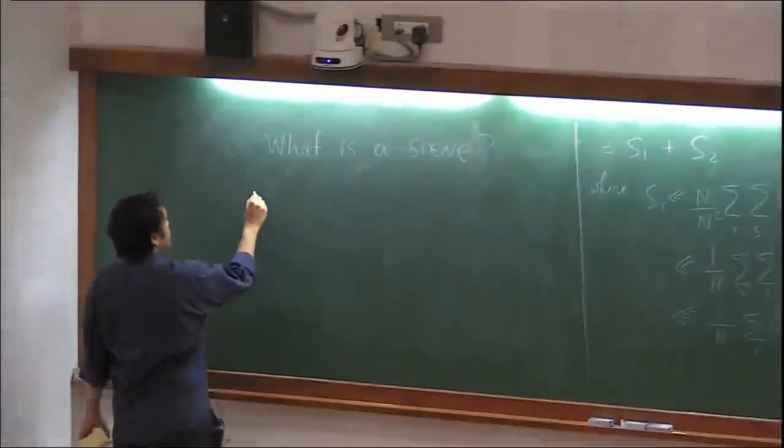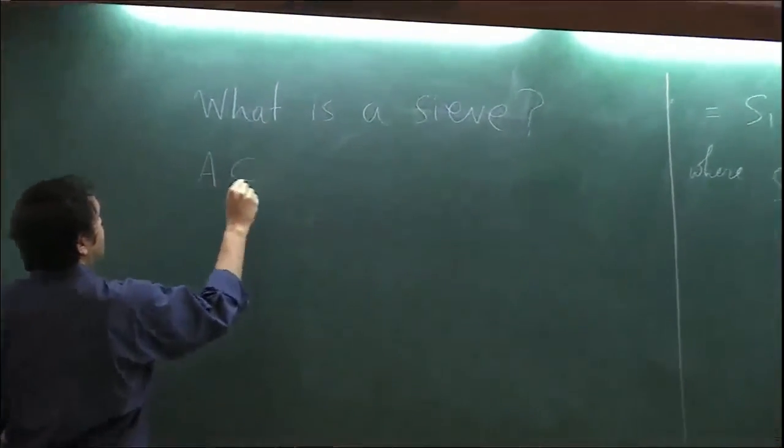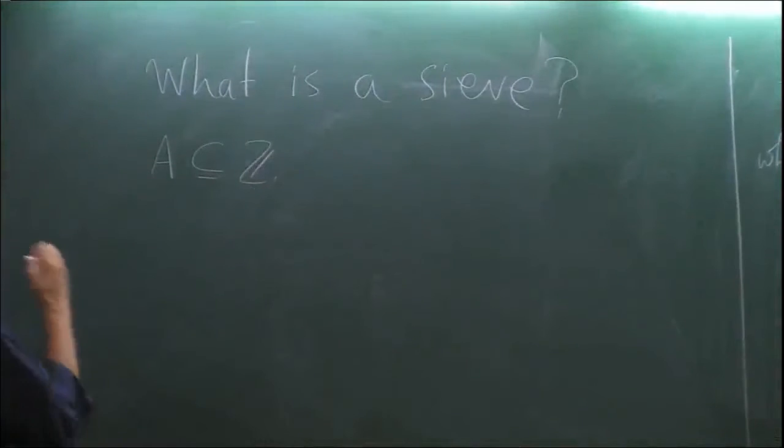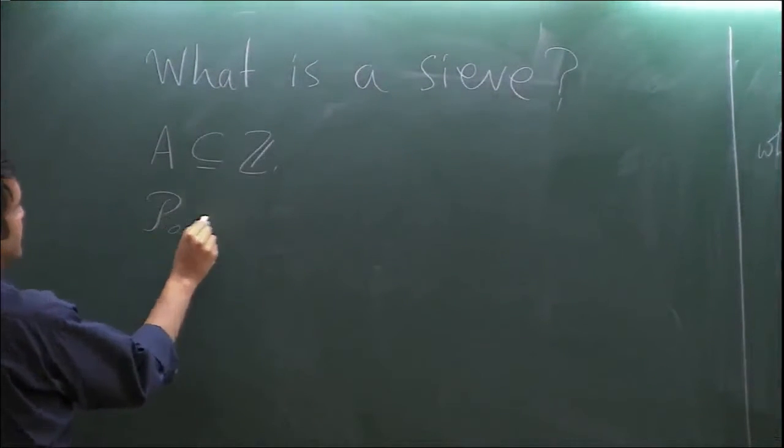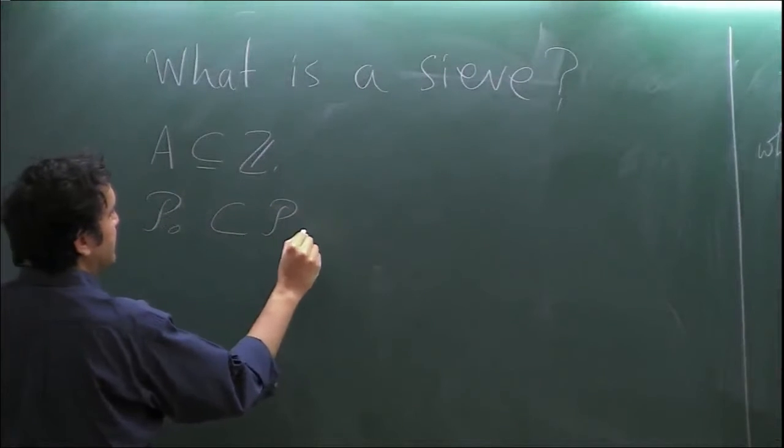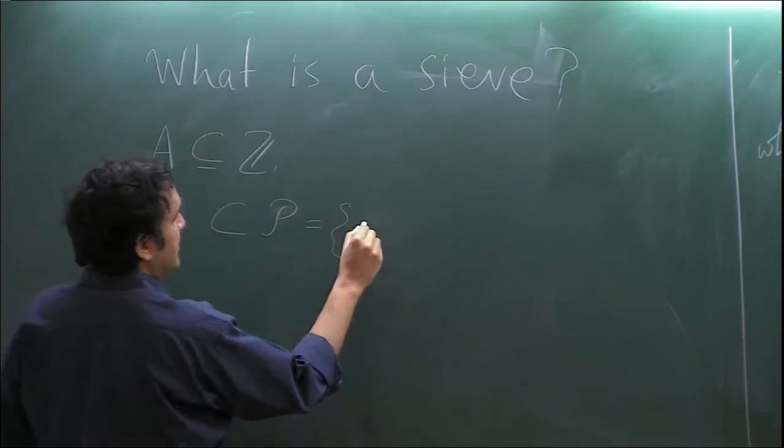Okay, so let's say A is some subset of Z, and let's say P naught is a subset of P, which is a set of primes.